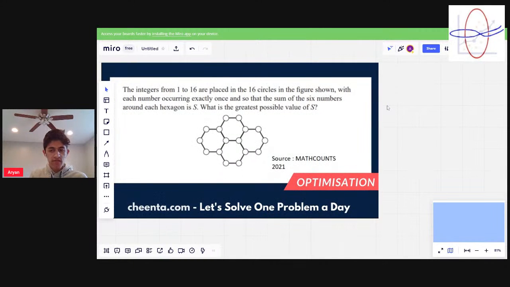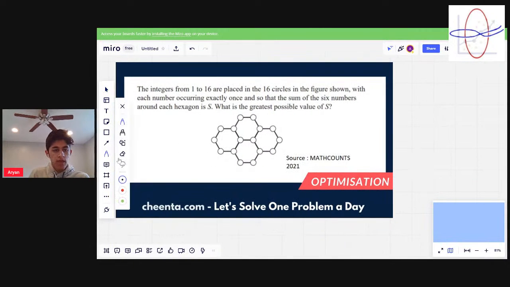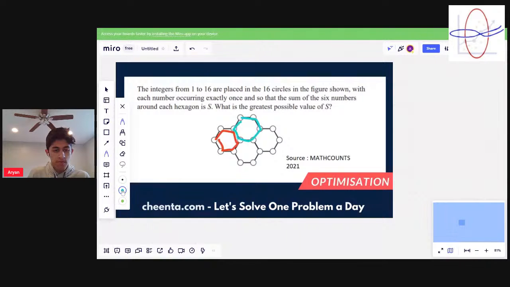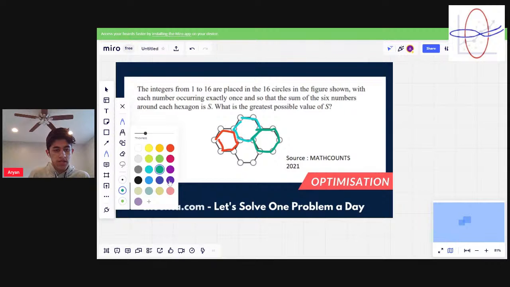So if we look at this, just to understand the problem, what they're saying is we have these 4 hexagons. Let's say we have this red one right here, hexagon 1, and let's do this blue right there, green right here, and lastly, let's take purple down here.